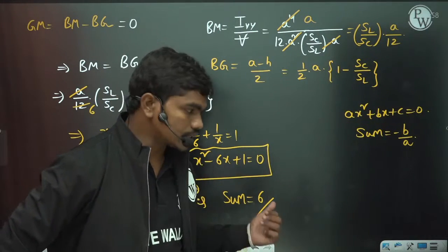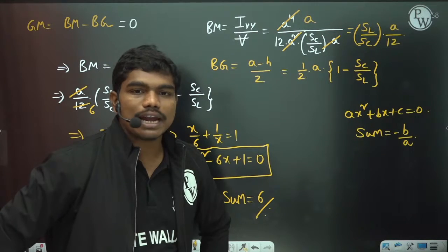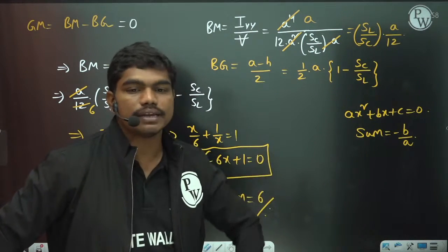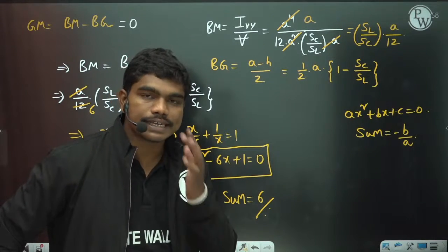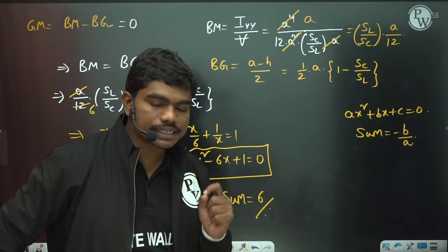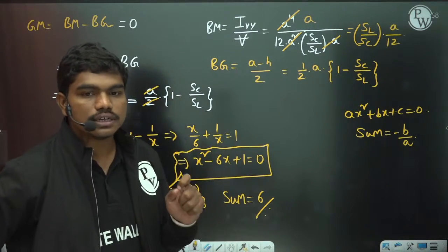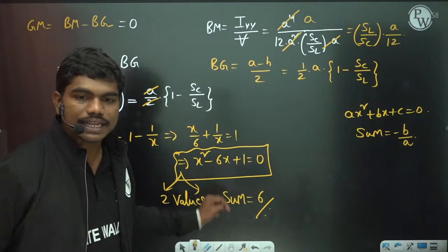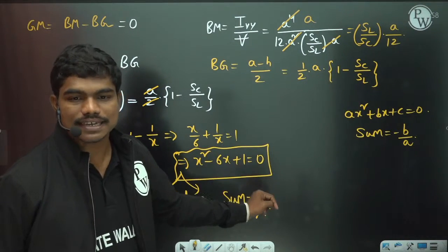Let us suppose when we solve this quadratic equation, one value of x is negative. Is that negative value a possible value of SL by SC? When a quadratic equation is solved, there could be negative values also. Are they possible?